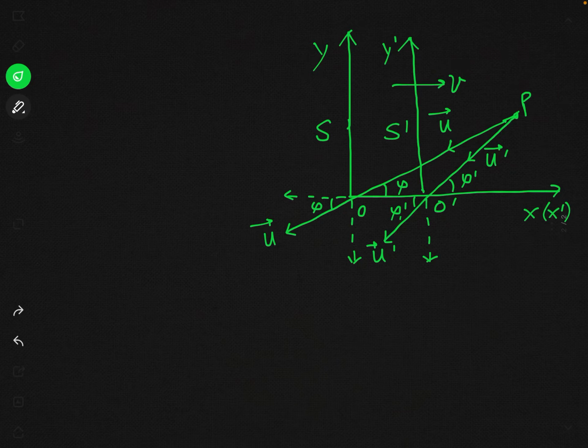You know the Earth revolves round the Sun with its orbital speed, let us say v. So just imagine the Sun to be a system S. This reference frame S is associated with the Sun, which is treated as stationary.